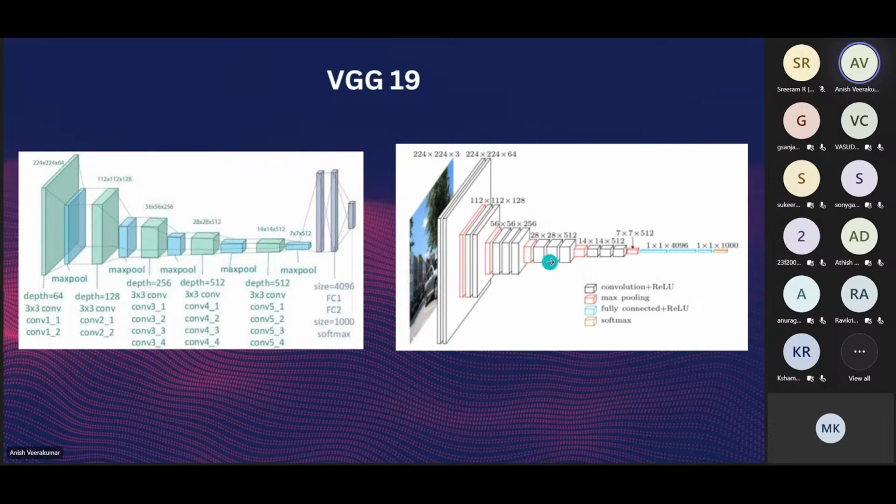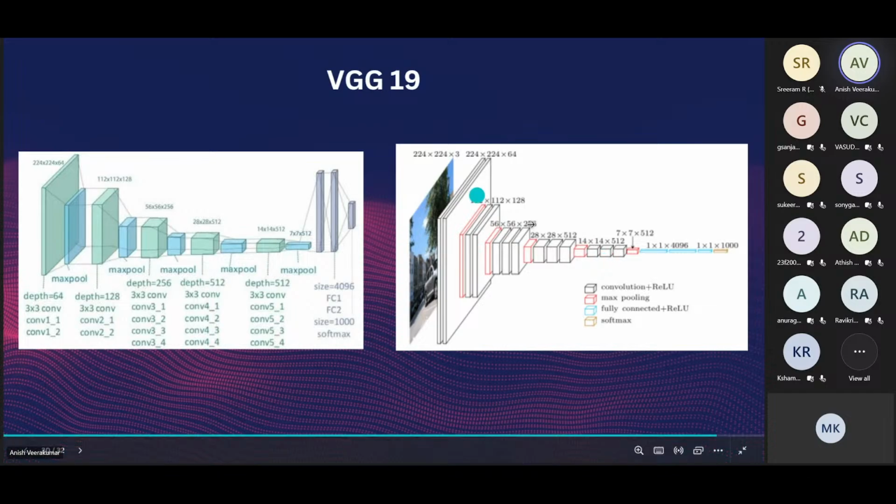Now moving on to the fourth block. Now we're going to once again go to a max pooling, and this makes it 28 cross 28 into 256. Putting it through the convolutional layer makes it 512 again. We repeat the same thing again, and at the end we get dimensions of 7 cross 7 cross 512.